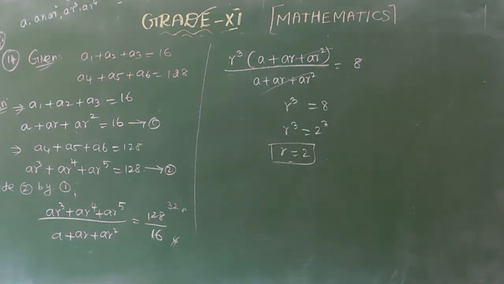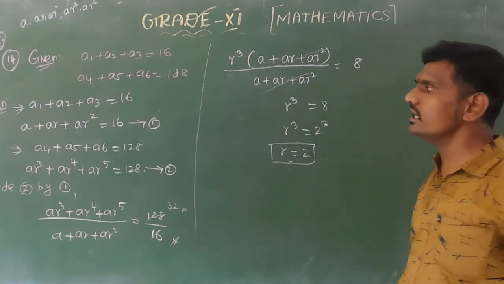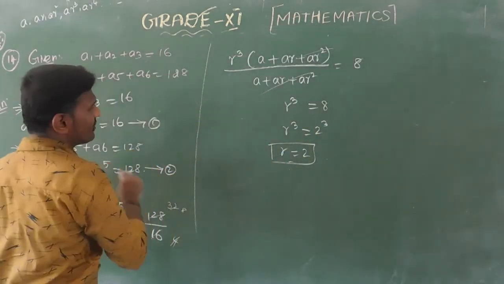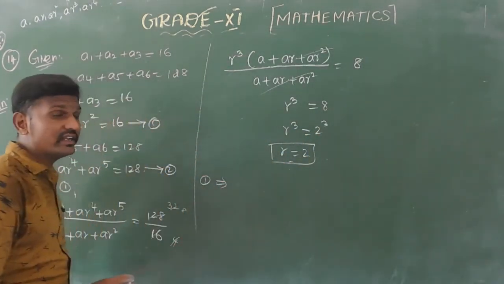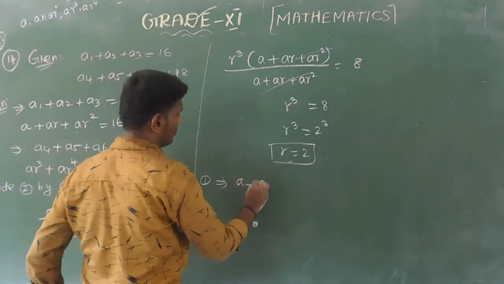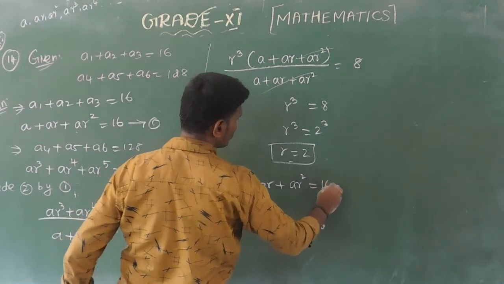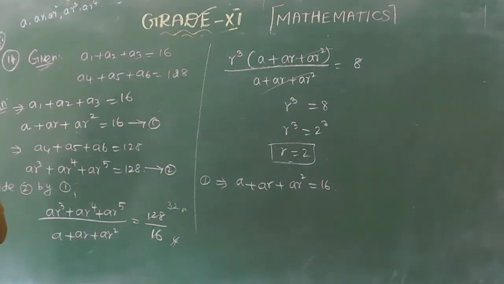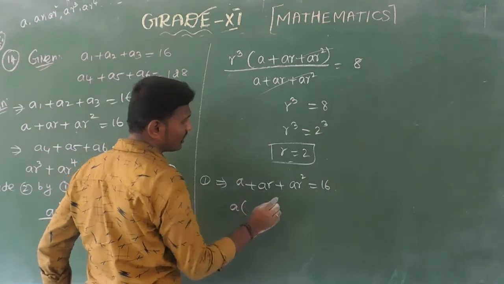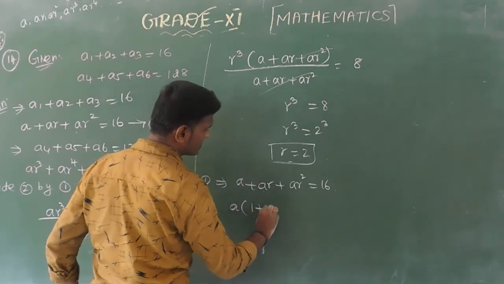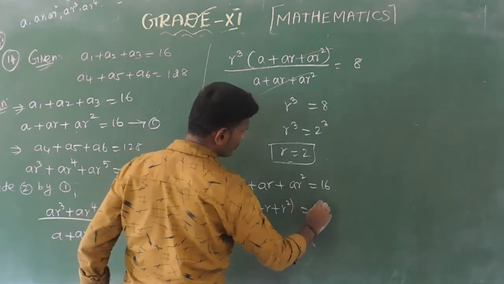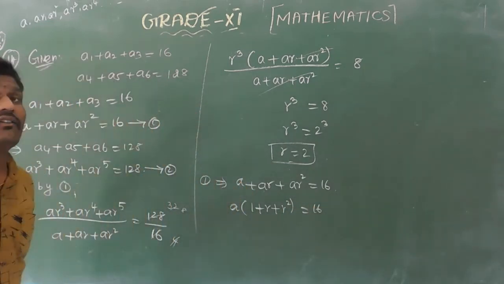Yes students, and next you want to find the value of the first term. Here take equation number 1: a plus ar plus ar square is equal to 16. Here a is common for all the terms, so I am taking it outside. a into 1 plus r plus r square equals 16, and the value of r is 2.